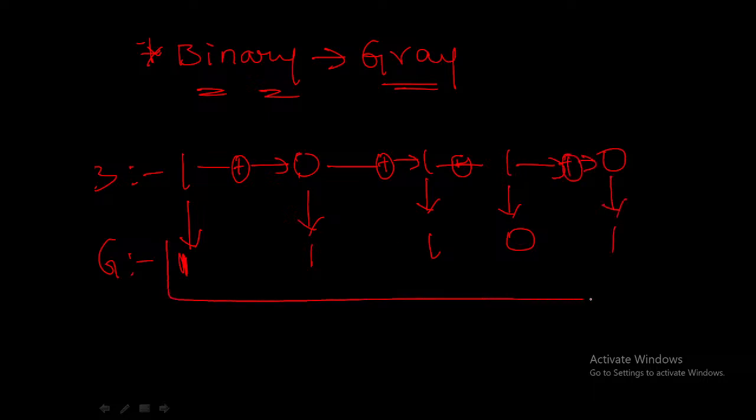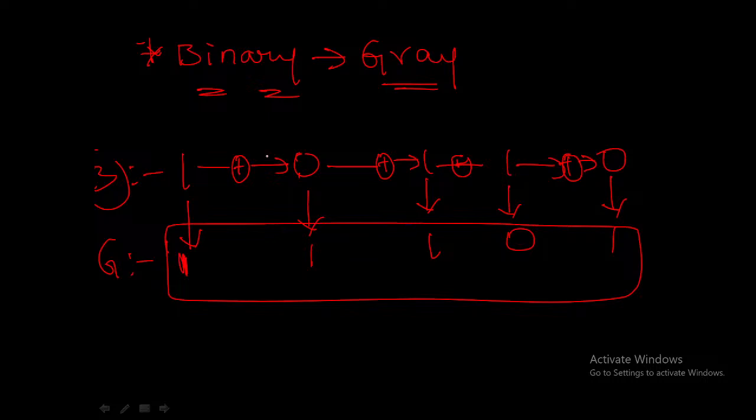This is how we find the gray code of a binary number. So this is how we convert a binary code into a gray code. If you are not aware of the XOR operation, don't worry, we will discuss what it means in upcoming sessions.